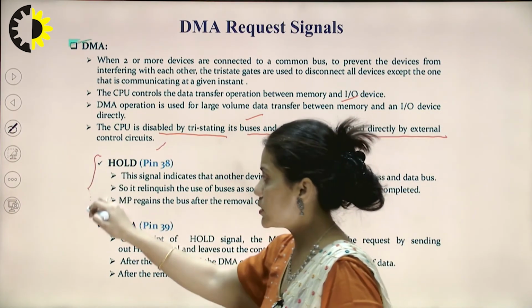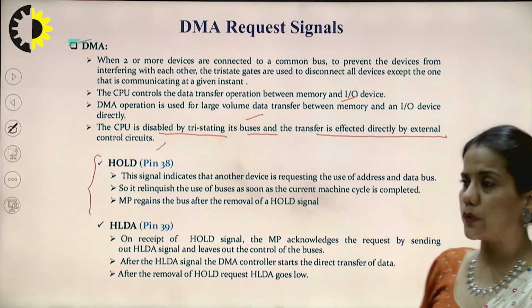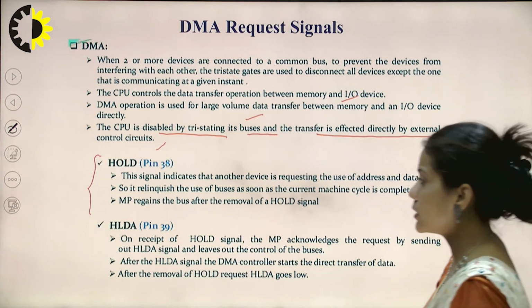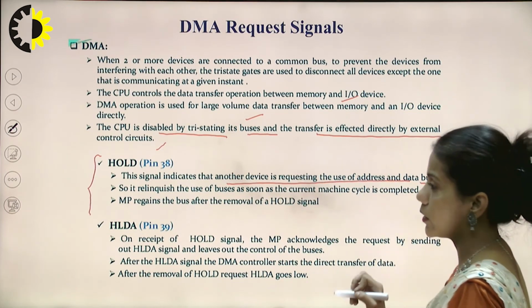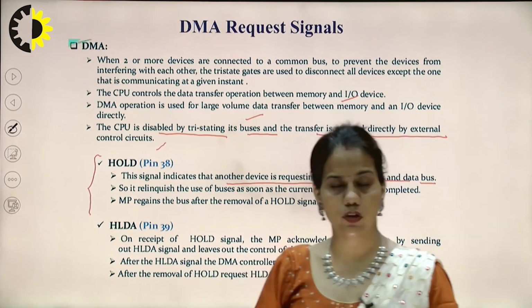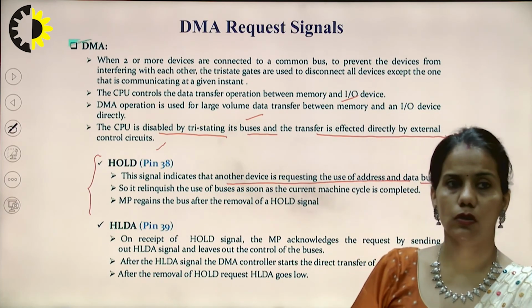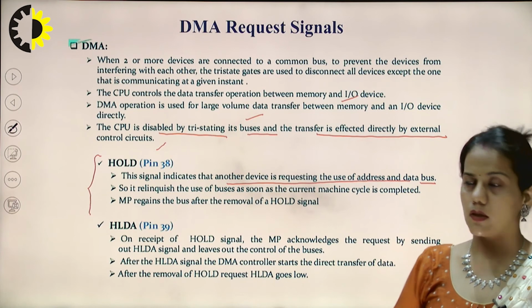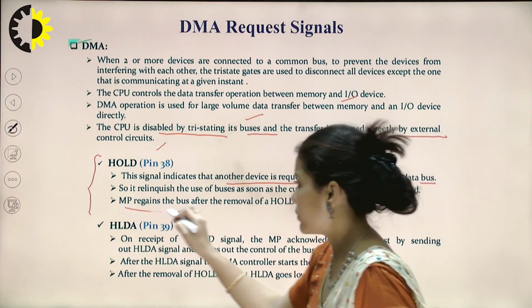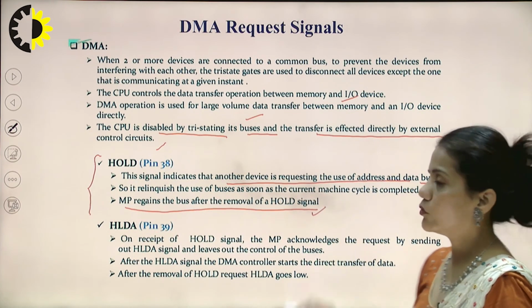So here, what is the purpose of the hold pin? The signal on this pin indicates that another device is requesting the use of the address and data bus. So the microprocessor will relinquish all the buses as soon as the current machine cycle is completed, and after this the microprocessor regains the bus after the removal of the hold signal.